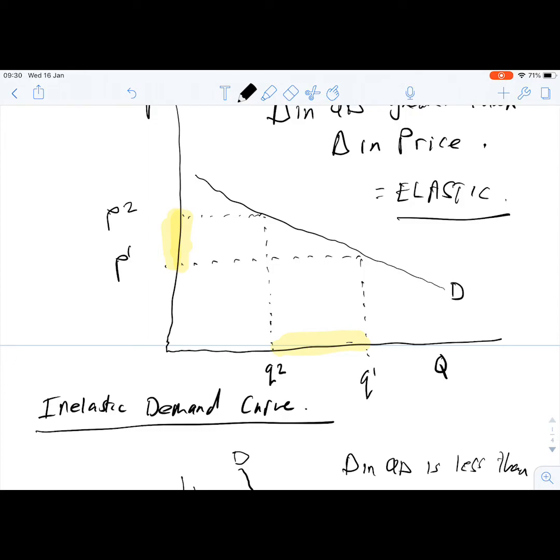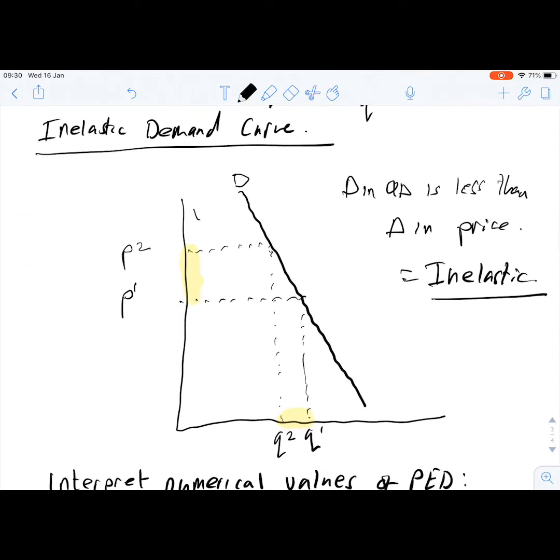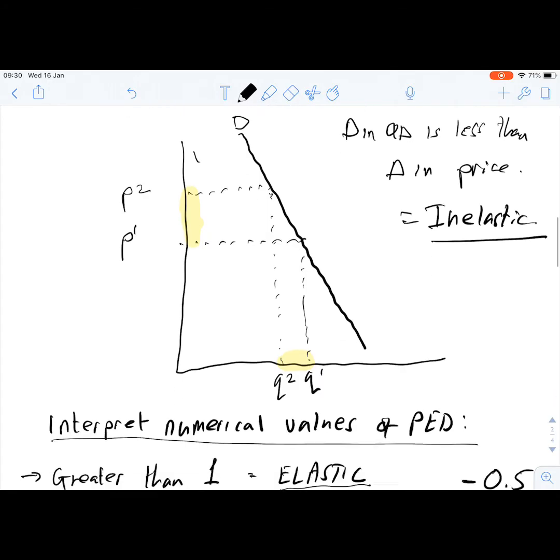So if a product has many substitutes, the price elasticity of demand would be elastic. But if there are no substitutes or few substitutes, then the product is likely to be inelastic. The increase in price means that the quantity demanded won't change much, because there are no or few substitutes to buy instead.